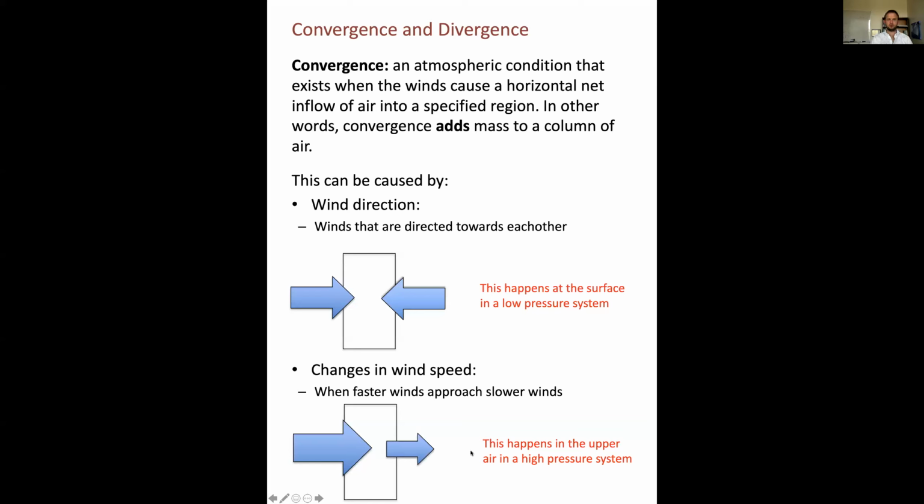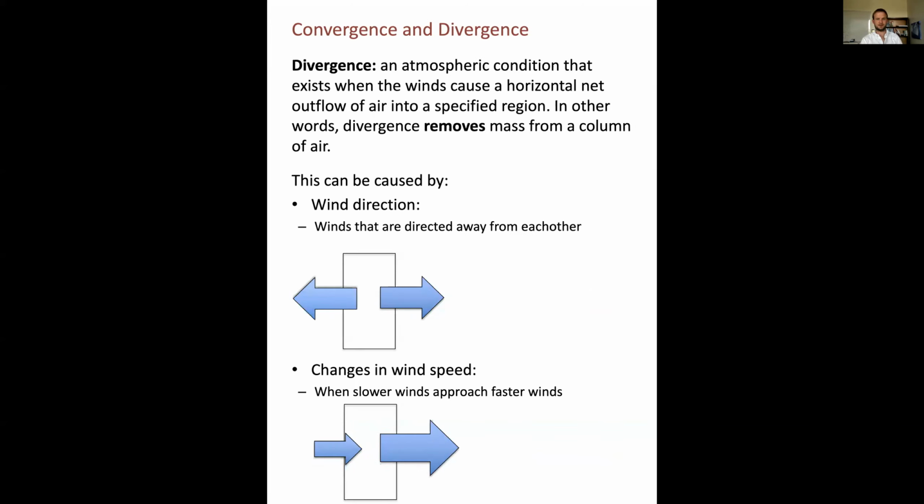Okay, so we have convergence at the surface in a low pressure system and convergence at higher levels above a high pressure system. And divergence is the opposite, right? Where the winds are directed away from each other, or where slower winds approach faster winds. Each of those leads to a mass removal from a column of air, okay?